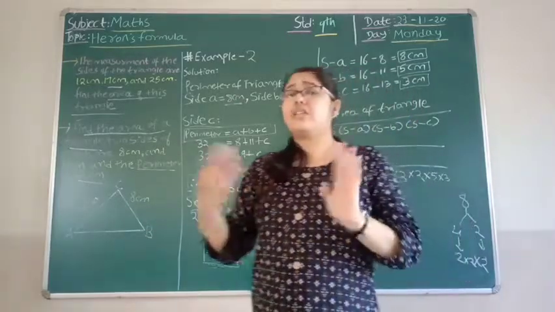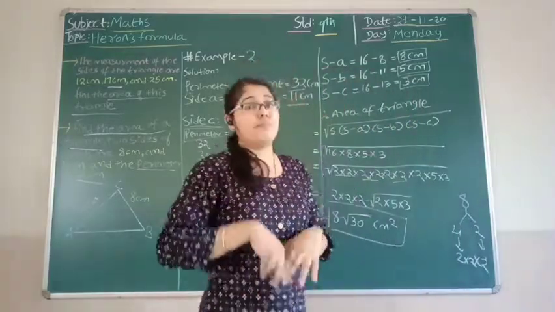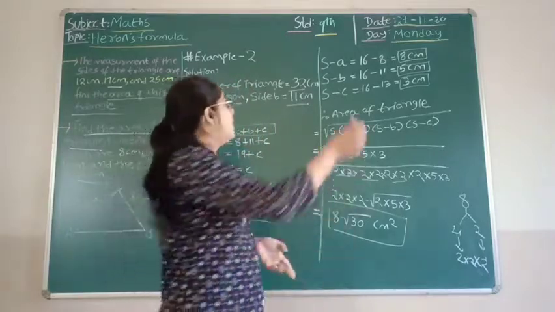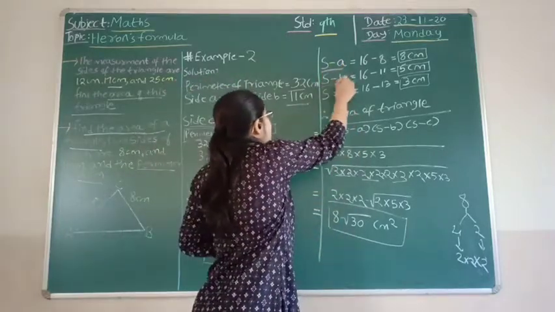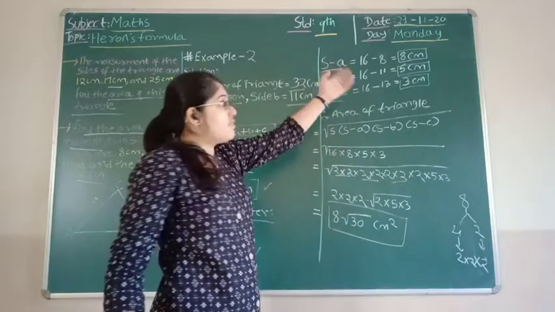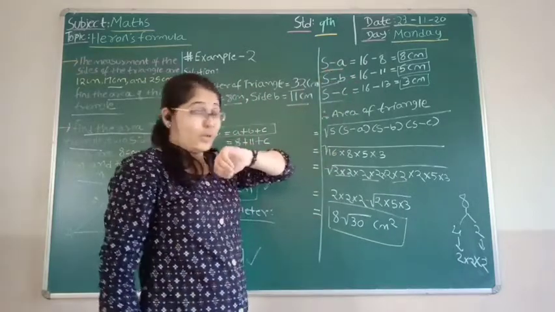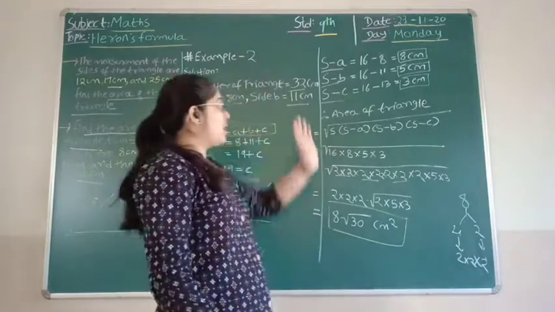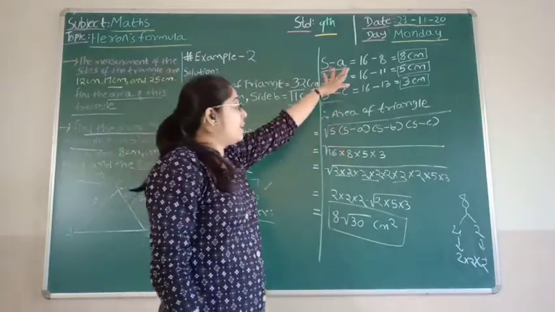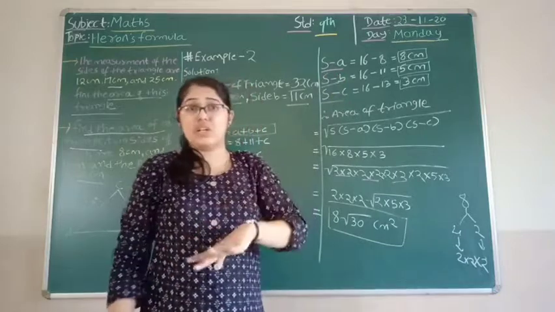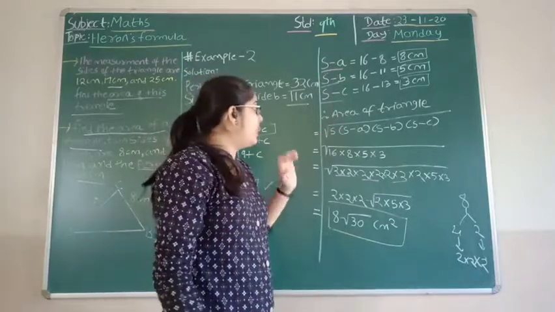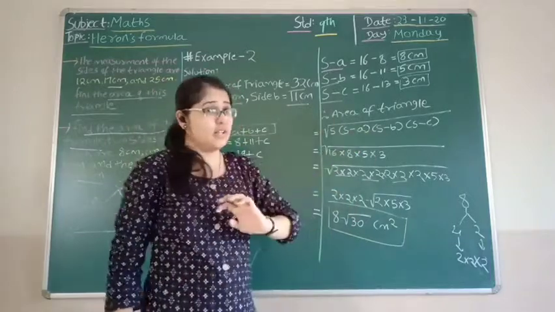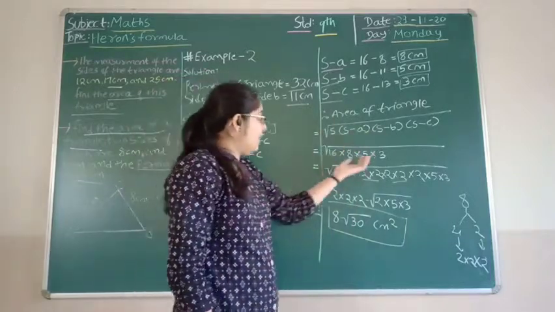After that, before applying the formula, we need to find S minus A, S minus B, S minus C, which is defined as subtracting sides A, B, C respectively from the semi-perimeter. Then applying all of these values in the given formula, it is under root S into S minus A into S minus B into S minus C, and I am getting these values under the root, and we factorize this term.